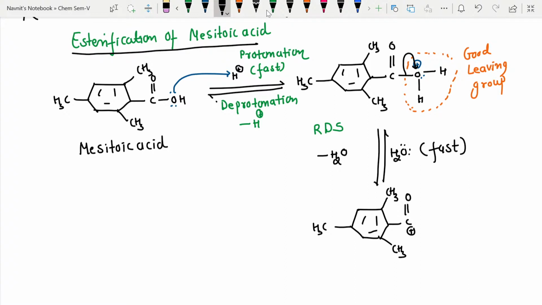Is it clear? Let's see what happened in the next step. Now the methanol molecule attacks this carbon, and what does it give? Protonated ester.